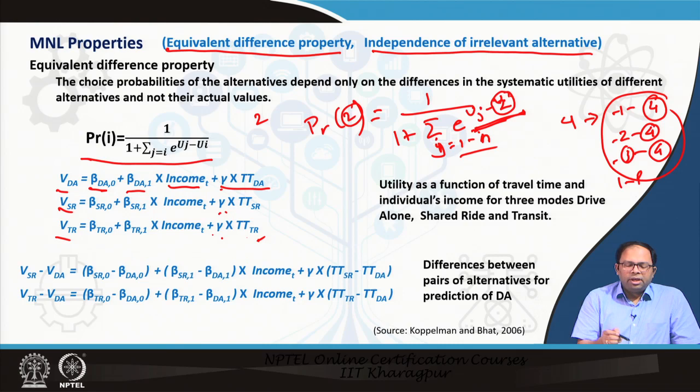This means that we assume that travel time by dA, travel time by SR and travel time by TR, travel time itself is considered the same in all the equations, on all the alternatives. That means that experience of travel time in all the alternatives is evaluated similarly by every individual.